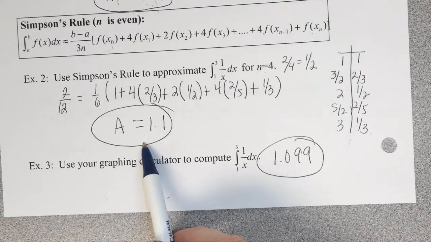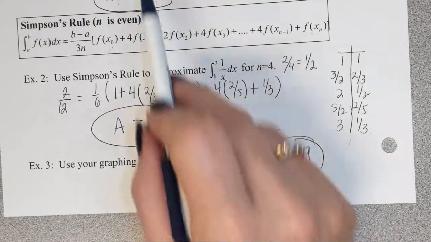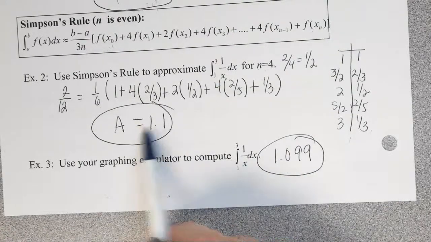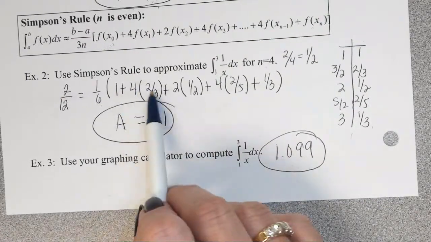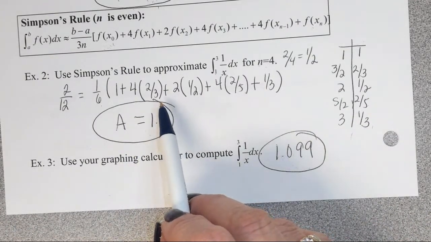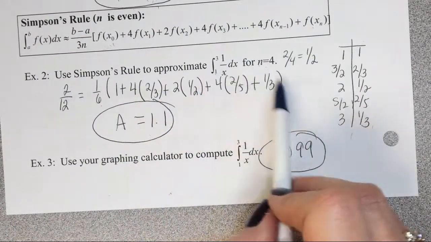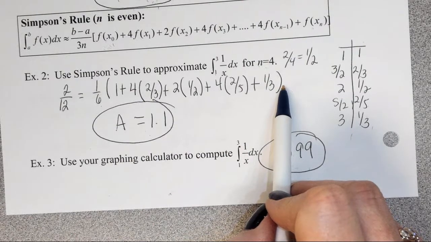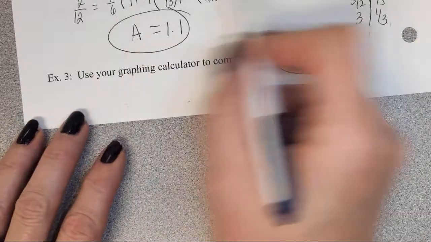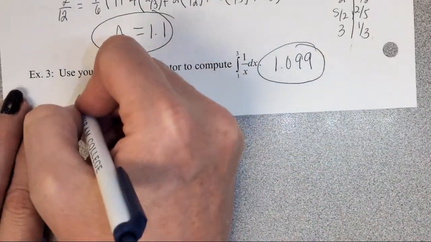I mean, guys, you know that's not right. These two should be very close to this, right? So if you get something that's really far away from this, you need to go back and figure out where your mistake is. You probably just pushed the wrong button, or you figured out a wrong y value. Okay? So check that.